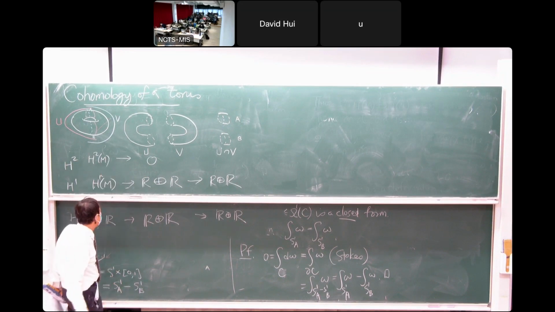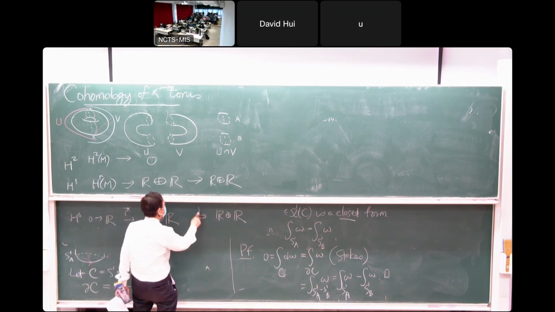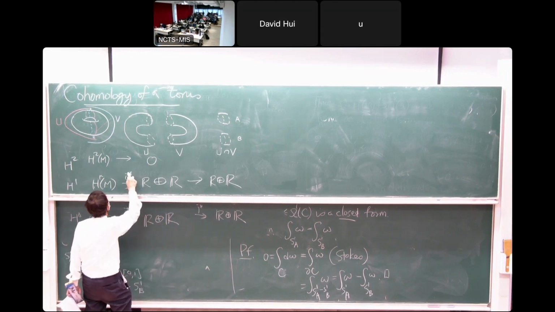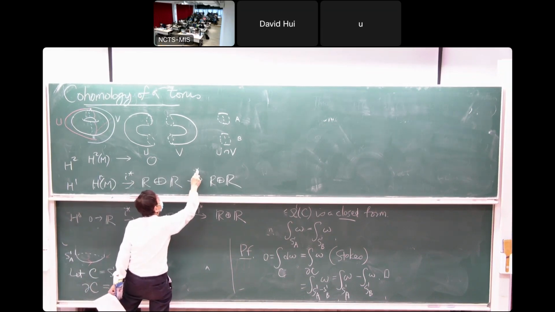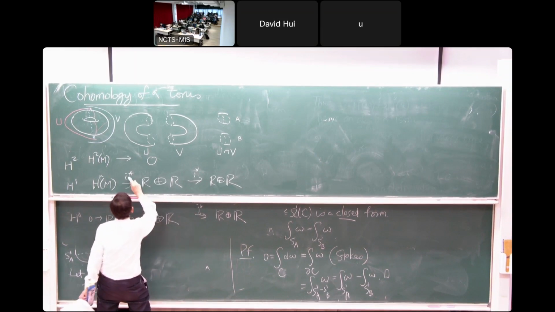Okay. And this map is I star. This map is J star. This is I star. This is J star. This is in degree 0. This is in degree 1.